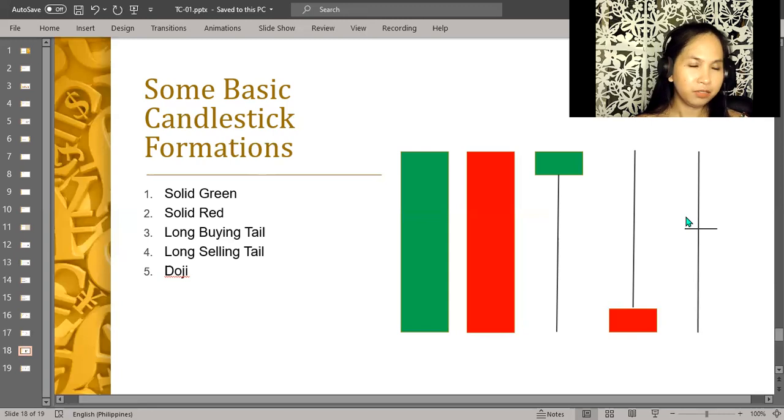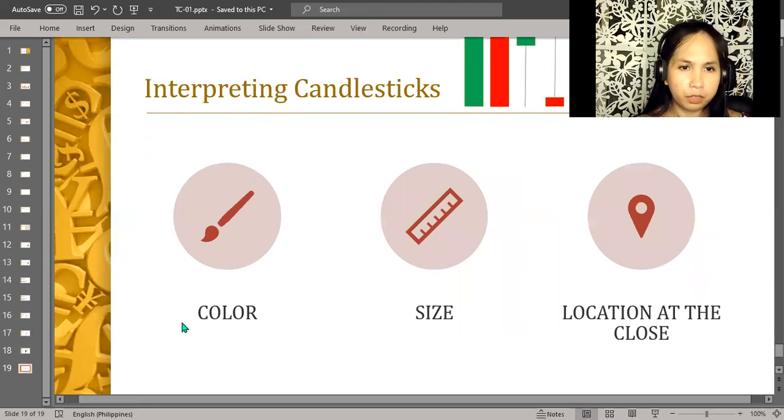And for me, there's really no need to memorize each and every candlestick structure. We just have to stick to a few ideas in interpretation. So what are those? Okay, first, we look at the color. Color determines the bullishness or bearishness. As long as it's green or white, it's bullish.